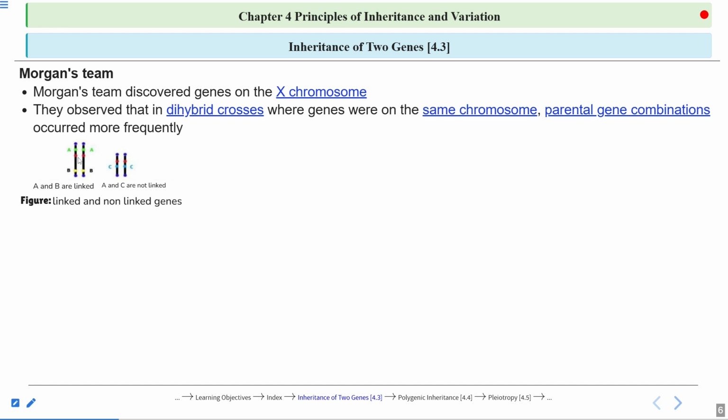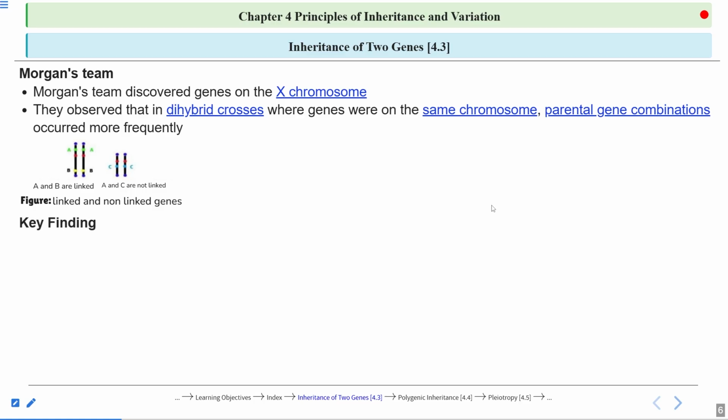But when the genes are present on different chromosomes, like A and C, then these two genes are not linked. So in the case when the genes are linked, more parental gene combinations will be observed and fewer recombinants will be observed. When the genes are not linked, then recombinants will be more as compared to parental.